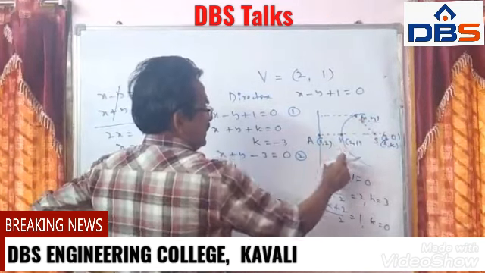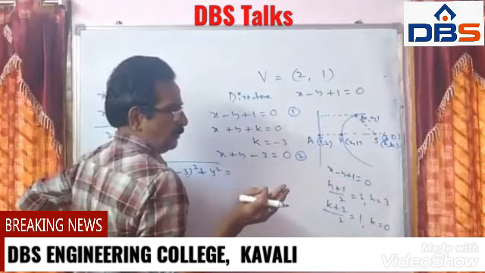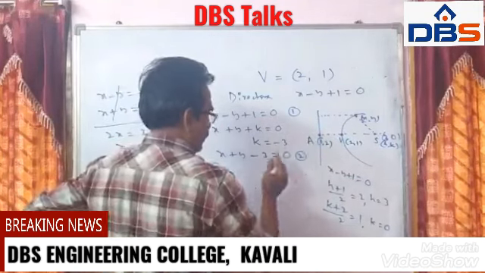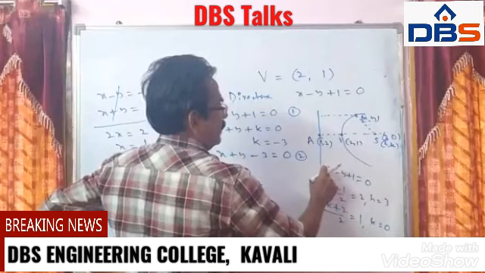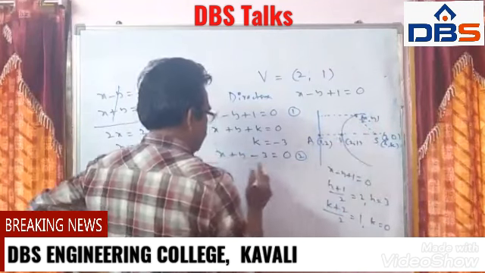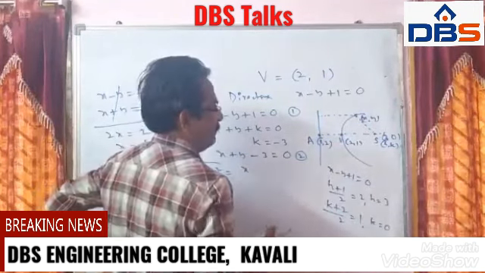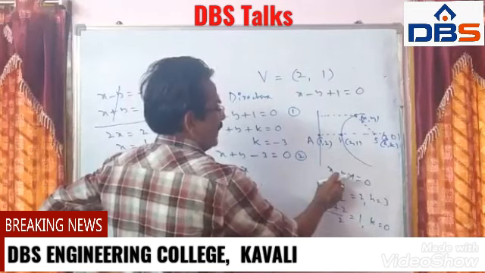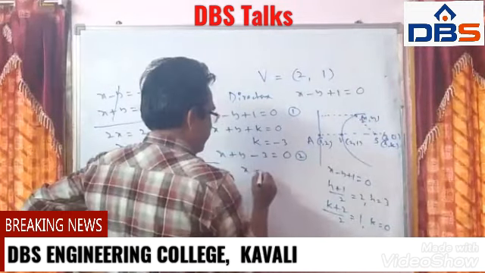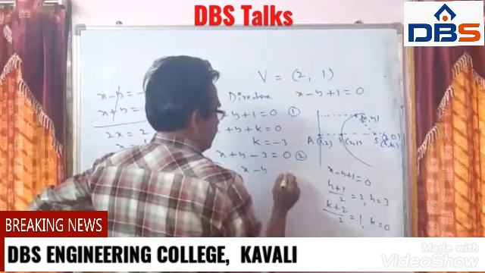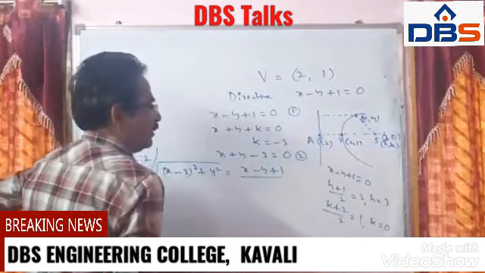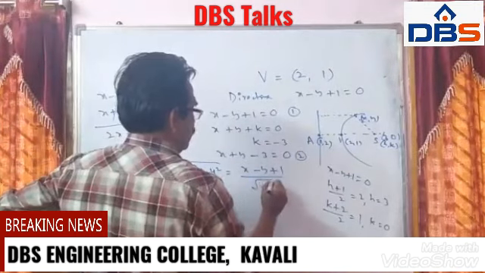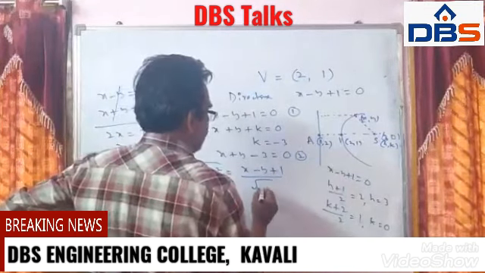What is the distance formula? It is ax1 plus by1 plus c by root of a square plus b square, which here is x minus y plus 1 by root of 1 plus 1, that is root 2.